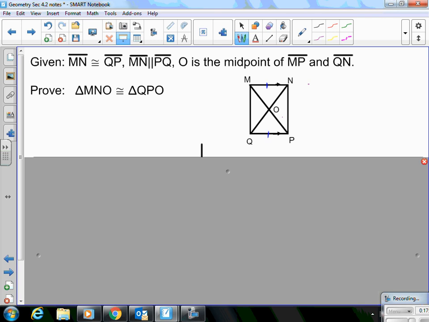And then it says O is the midpoint of MP and QN. And what does it do for them to tell us that it's a midpoint? Anybody know? Oh, we'll come back to that in a second.